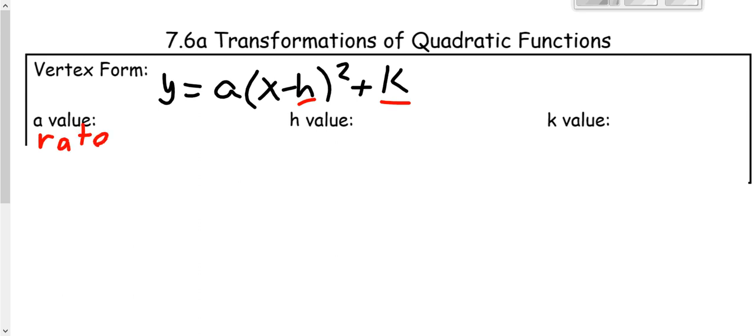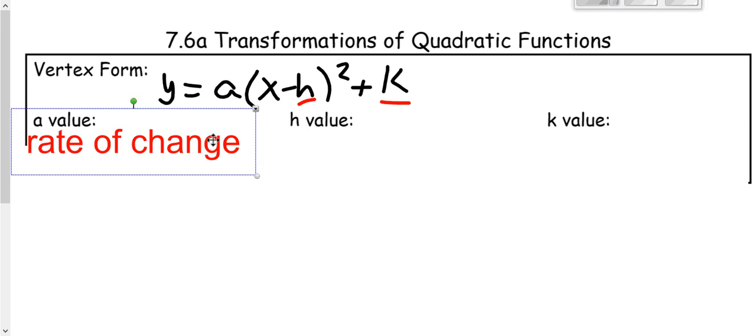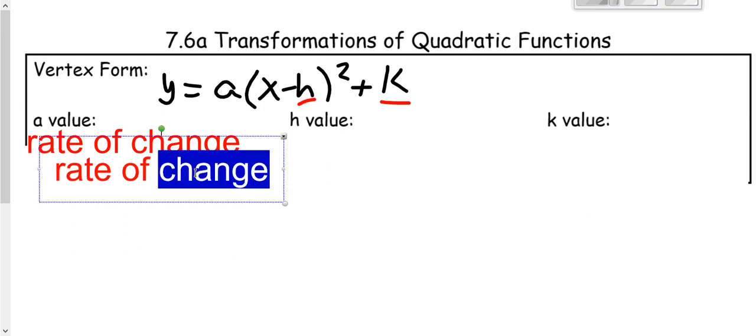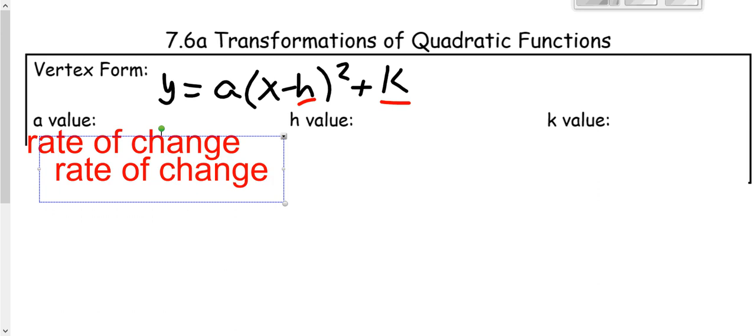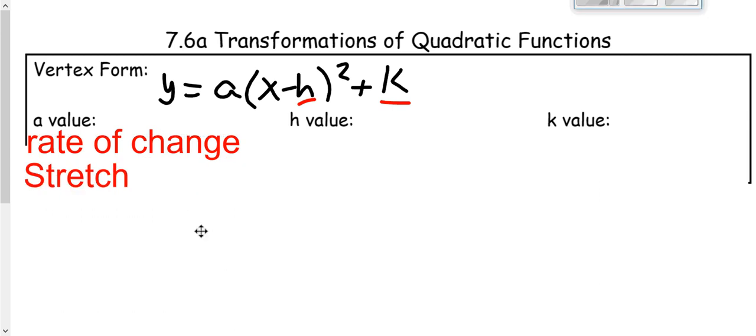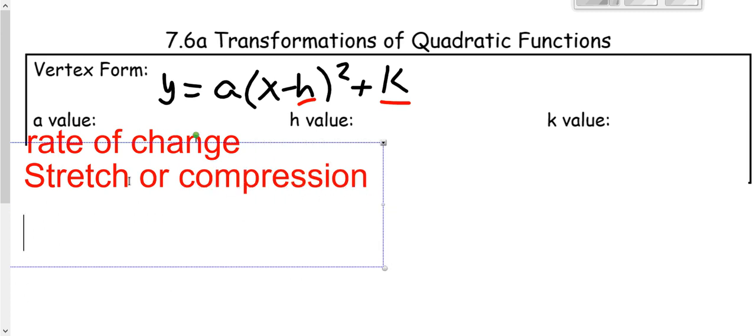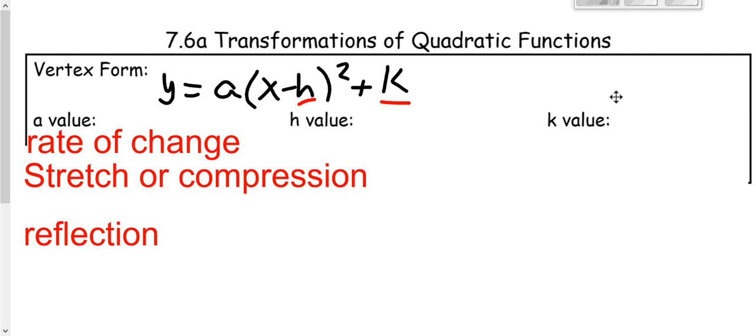It's not going to be exact because a quadratic function doesn't have a constant rate of change, but you can get an idea specifically whether or not there is a stretch or a compression, and also whether or not there is a reflection. All of that can be seen from your a value.